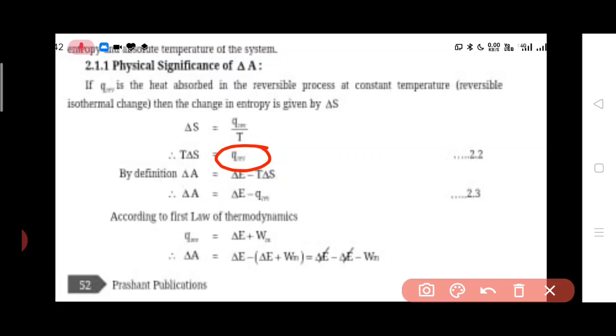And we know what Q reversible is. According to the first law of thermodynamics, Q reversible is delta E plus Wm. Wm is the maximum work done.